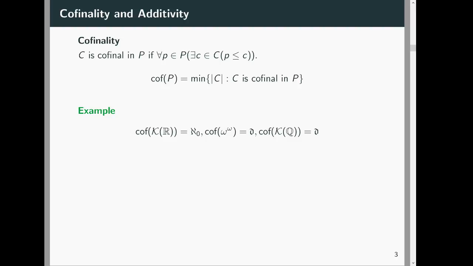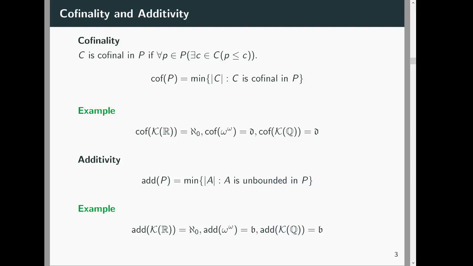And omega to the omega is D, and the cofinality of K(Q) is also D. And additivity is the minimal size of an unbounded subset of the directed set. For example, we have the additivity of K(R), omega to the omega, and K(Q). So real numbers, irrationals, and rationals.